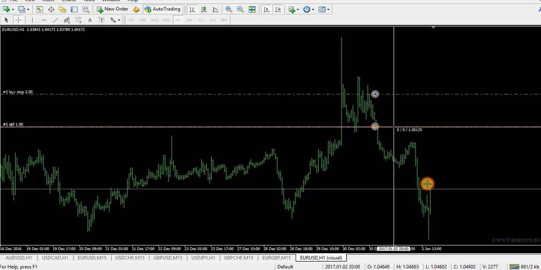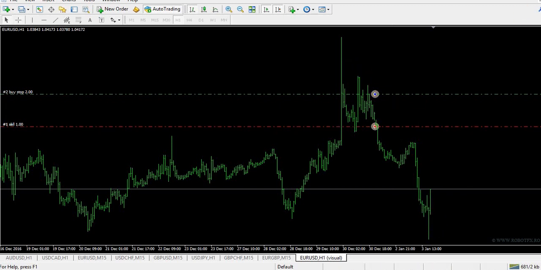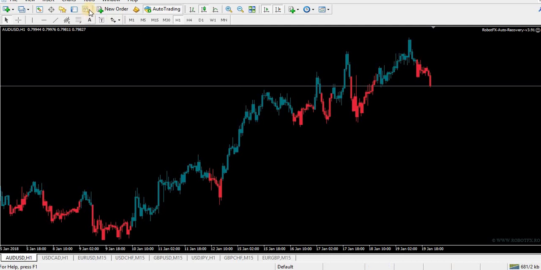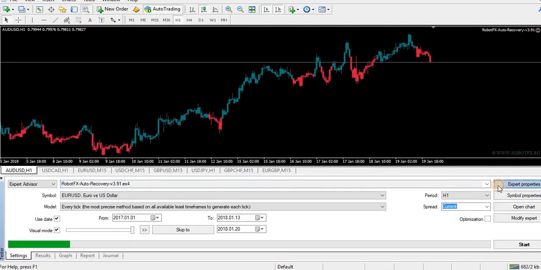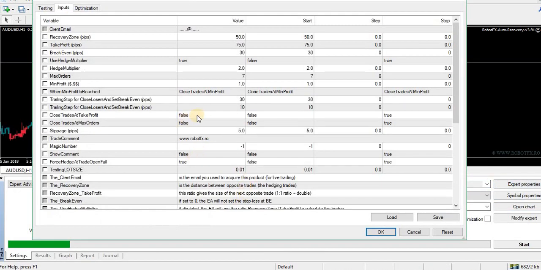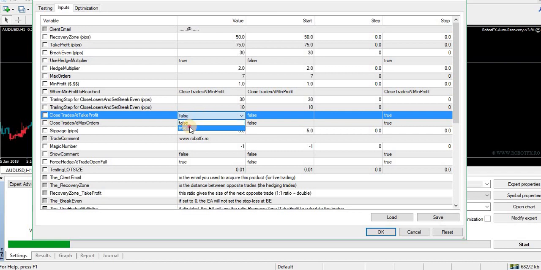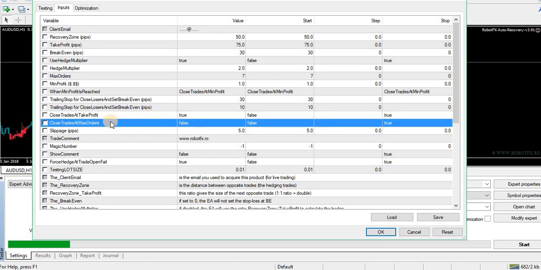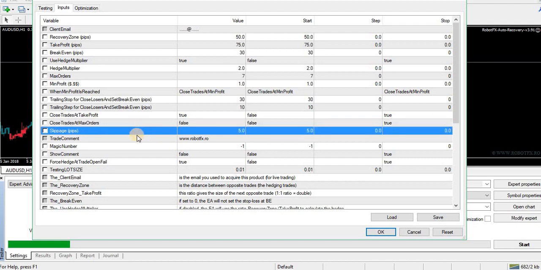I don't think I instructed the expert advisor to close the trade at minimum profit. I'm going to do so, otherwise we'll never finish this explanation, because in the strategy tester, the expert advisor will open a random trade as soon as there is no other trade open on the chart.